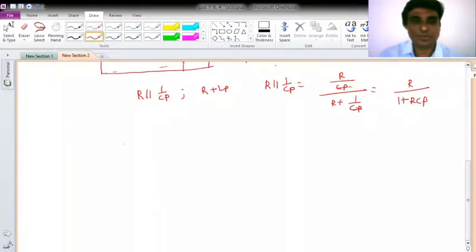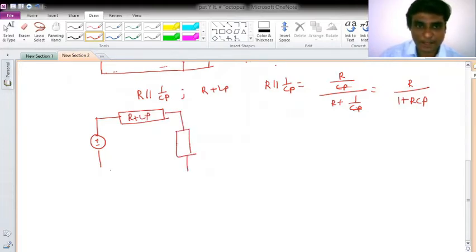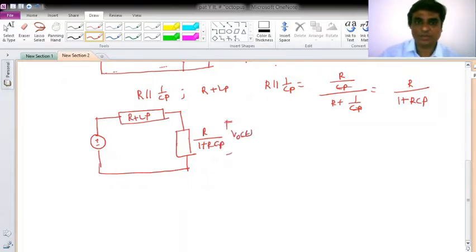Now let me solve this. This is my Vs of t, so the equivalent I can draw is R plus Lp in series, and the equivalent for the parallel combination is R over 1 plus RCp, where I am interested in the voltage across this point.